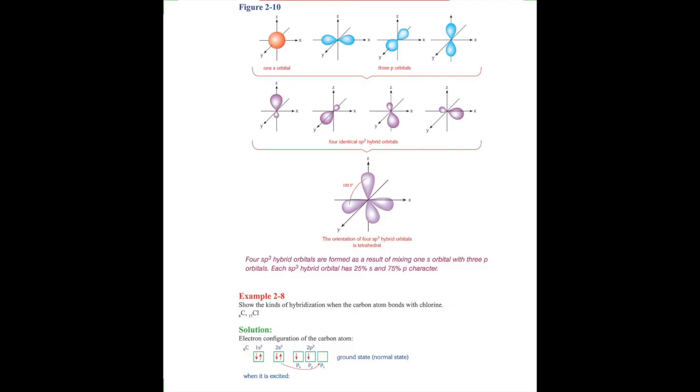If we look at the figure, we can see 1 s orbital and 3 p orbitals in the carbon atom. But after the excitation and hybridization process, we will have 4 identical sp3 hybrid orbitals. You can see the shapes are the same, but just the directions are different, because the orientation of the 4 sp3 hybrid orbitals is a tetrahedral structure.